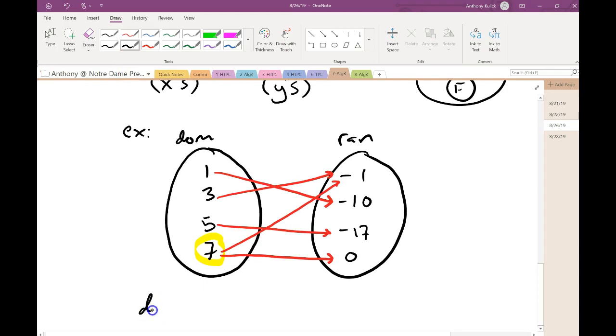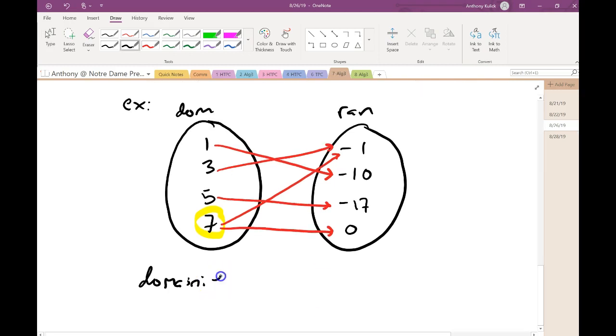So if I were to describe the domain, how many things are in the domain? 4. So that means that the set that I'm going to describe here is finite. If I'm going to describe a finite set, I can just use a curly bracket and list the members of that set.